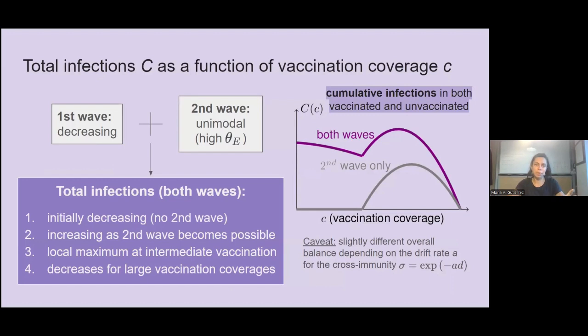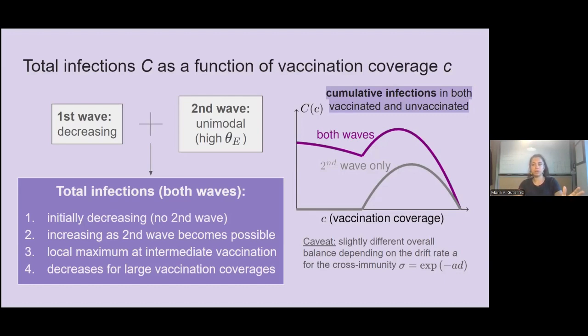Now it's not escape pressure, it's the number of infections as a function of the vaccination coverage, and we have the two waves. Obviously, for the first wave, I didn't really show it, but it's intuitive that if you increase vaccination, you reduce the number of infections in the first wave because there are no evolutionary effects.